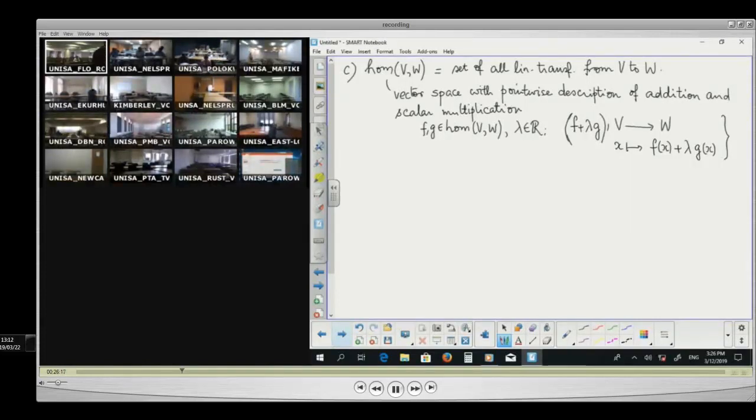Now just in parallel, let's suppose that we have another vector space P. So you are going to see something parallel.